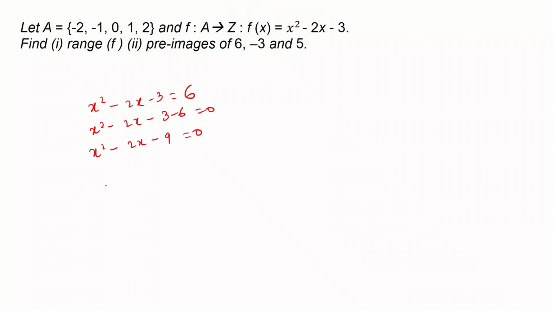So we cannot factorize it. So what we do, we use the formula x is equal to (-b plus minus root over b squared minus 4ac) whole divided by 2a. If you're not familiar with this formula, it's okay.